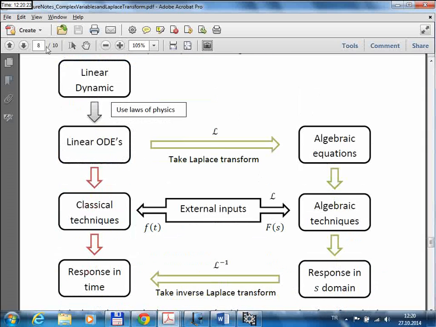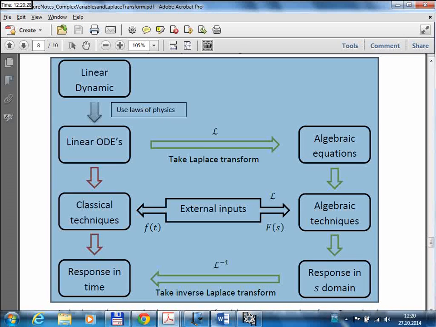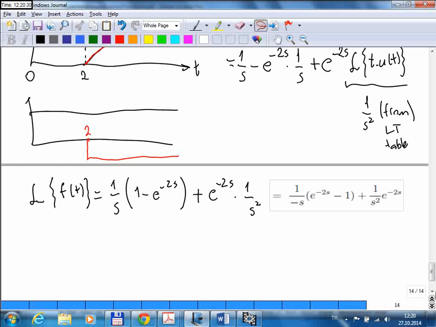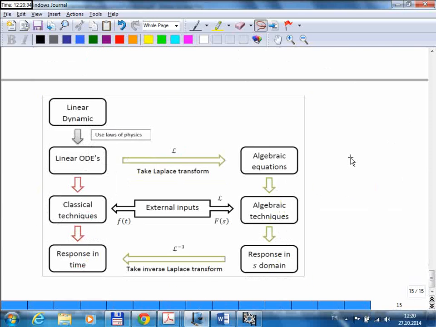So let me just copy this over there, and then I can add a few more things on it. The response in time domain here is a function of time, y. Let's call the output of the system y.